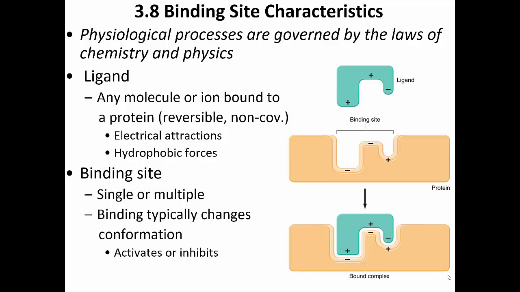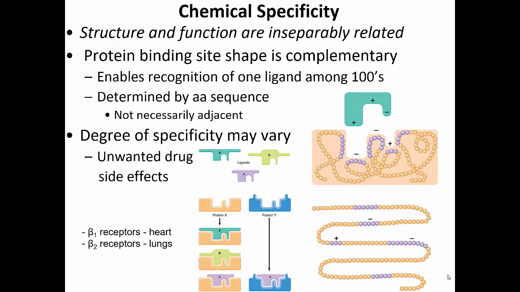This conformational change typically either activates or inhibits the protein to which it binds, and we'll see examples of both as we move forward. Vander also likes to remind us that structure and function are inseparably related. We certainly see that in the relationships between anatomy and physiology, but here we're observing that idea at a molecular scale.